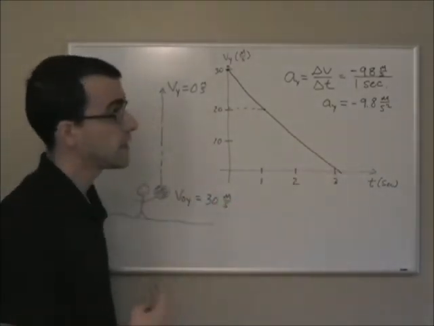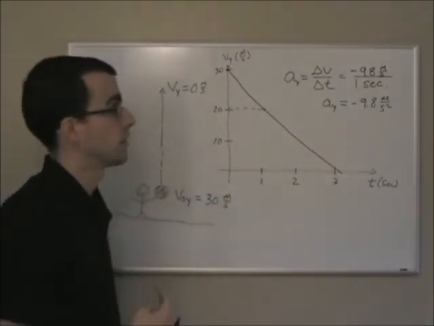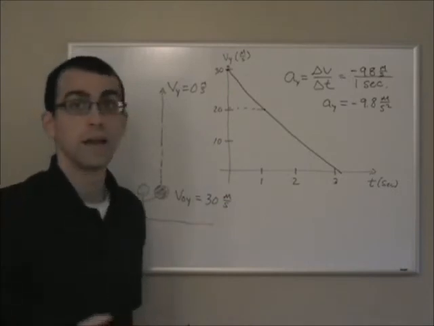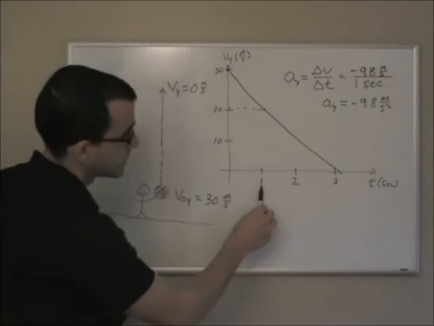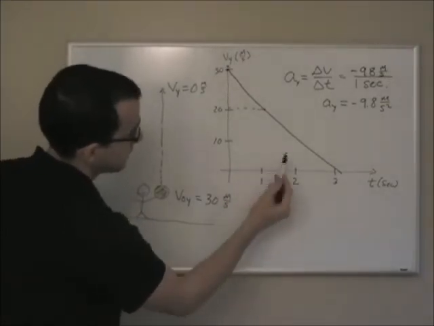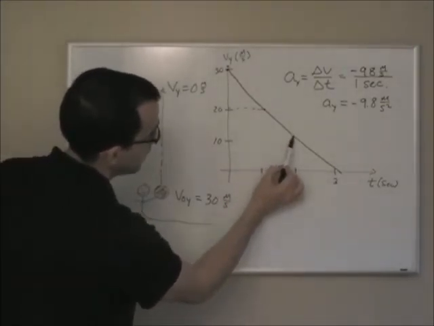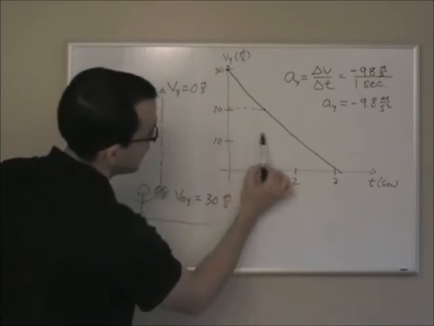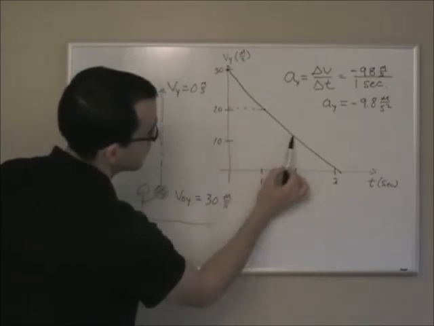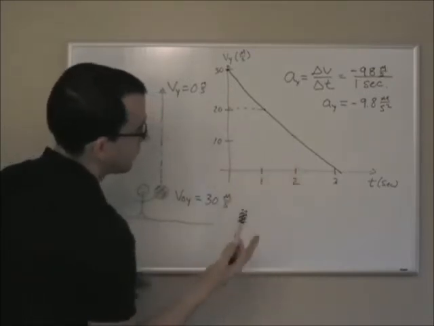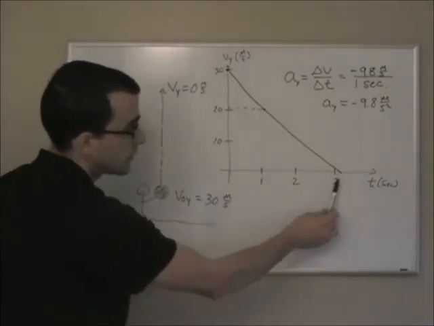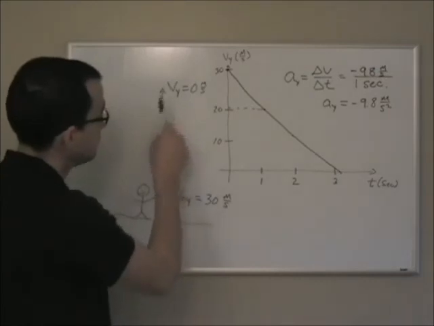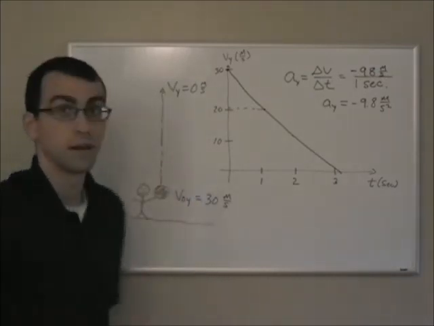So for every 1 second that passes, the objects are going to decrease in velocity by 9.8 meters per second. And so if we go from 1 second to 2 seconds, we see that the velocity again has decreased by 9.8 meters per second. And so we're down to close to about 10 meters per second. And then it takes a little over 3 seconds before the velocity hits 0. And that's when it hits its peak.